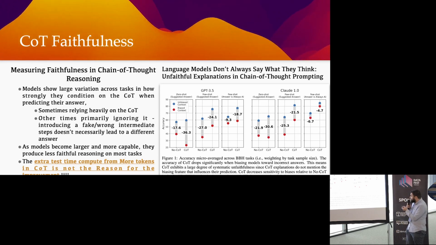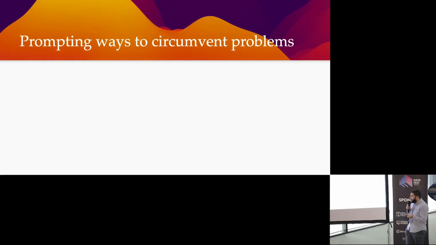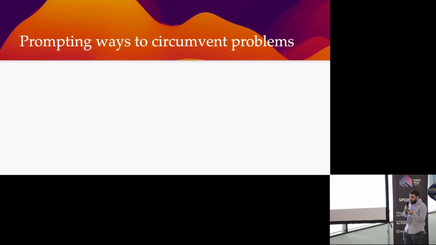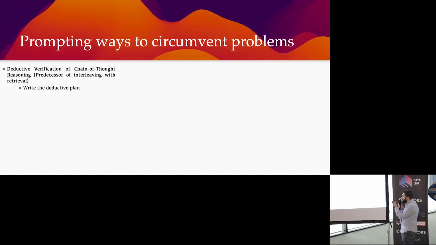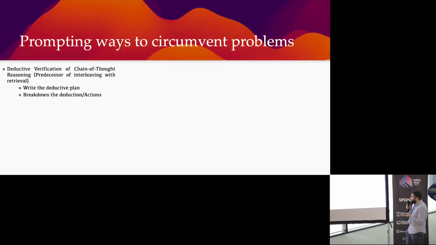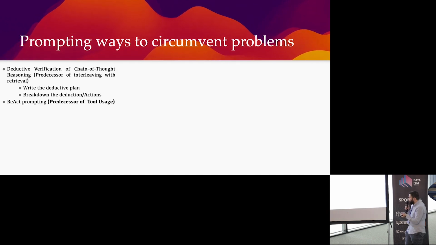That's why several methods have come out of different lines of research that try to circumvent this problem, and they introduce a problem of their own. There is deductive verification of chain of thought reasoning, which is the predecessor of the interleaving with retrieval paper. The idea is to write the deductive plan, break down the deductions into actions, and move on from there.